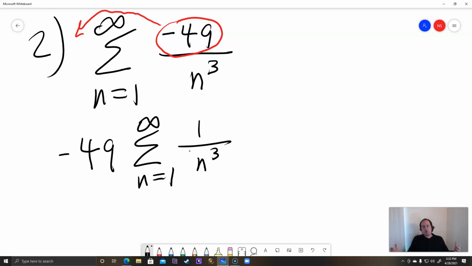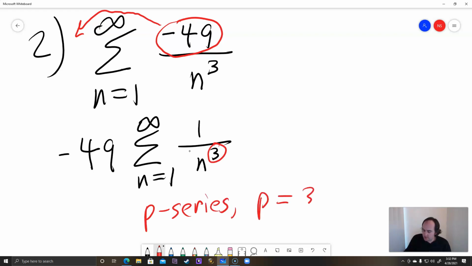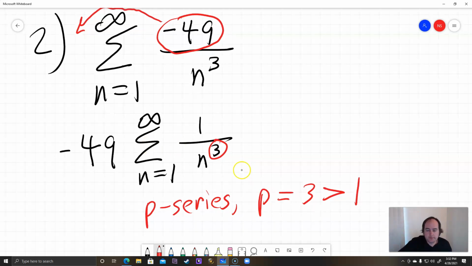So now it's in the form 1 over n to the p. And here we can see that this is a p-series where p equals 3, but 3 is greater than 1. So because 3 is greater than 1, that means this converges.